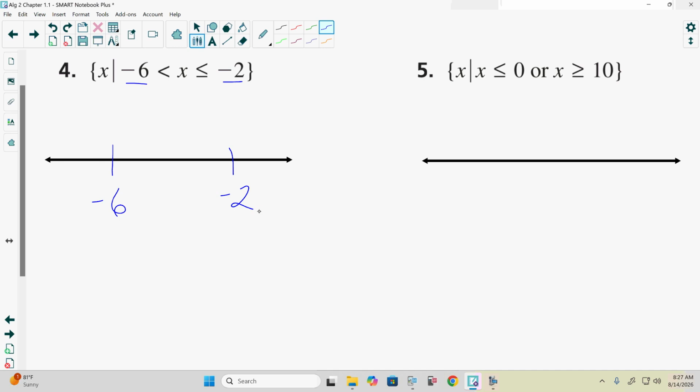At negative 6, here's one of our endpoints. We have a circle, yes? Would it be opened or closed? Open, because it's not equal to, yes? How about negative 2? And we shade. X is in the middle, so we shade in the middle.